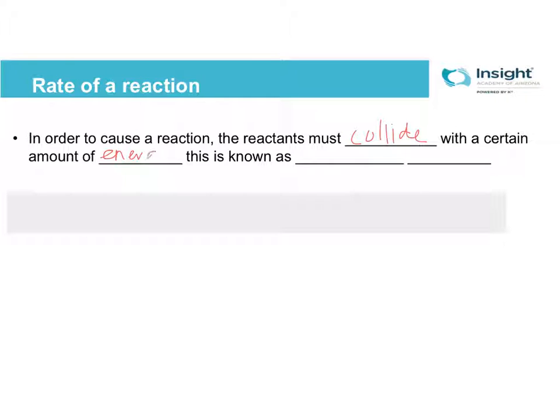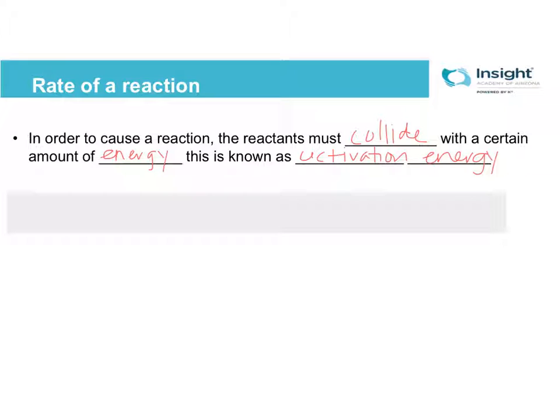All right, so that collision has to be strong enough. And what's the technical term for that energy? It activates the reaction, so activation energy. All right, good little review here.